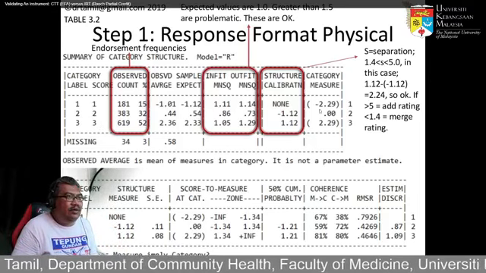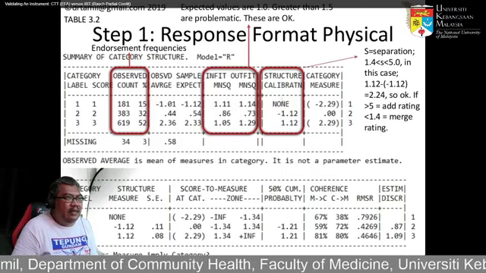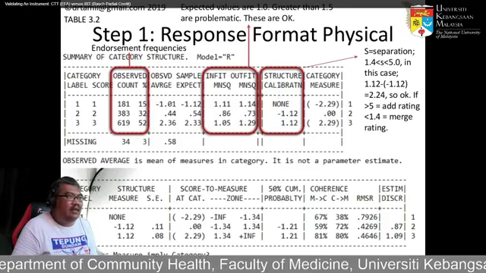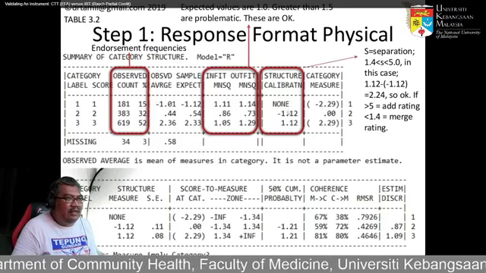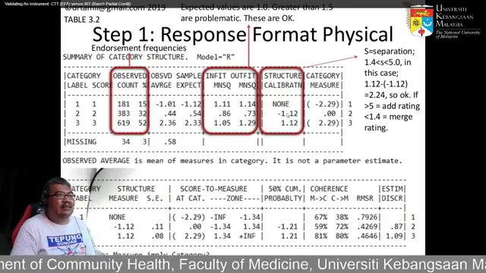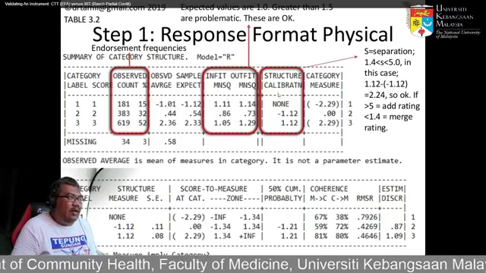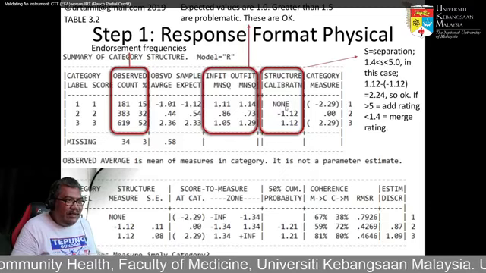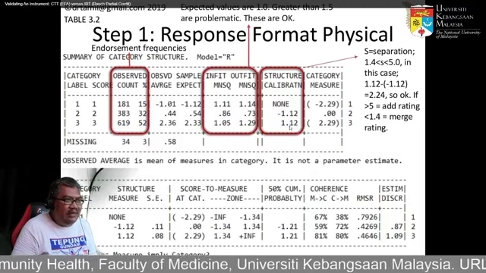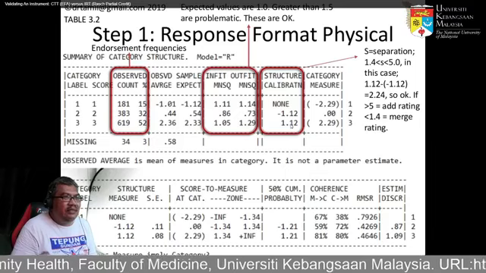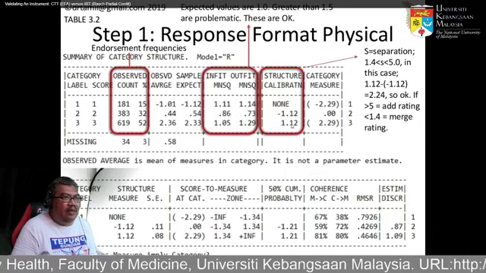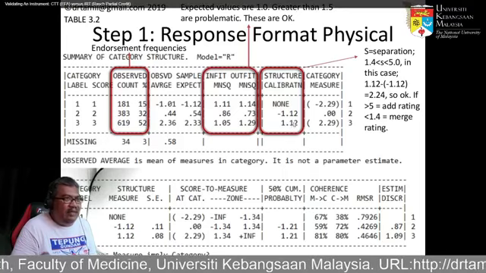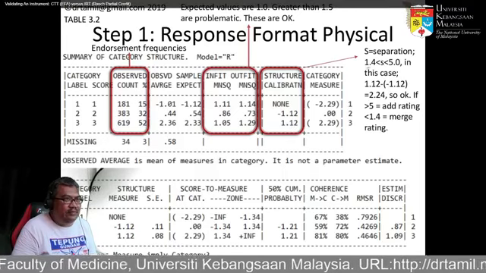You can see here that there is what we call the separation. The separation between the scale is larger than required. What is meant by larger than required? Between this value and this value, and this value and this value, the separation should be 1.4 or more, as stated here.